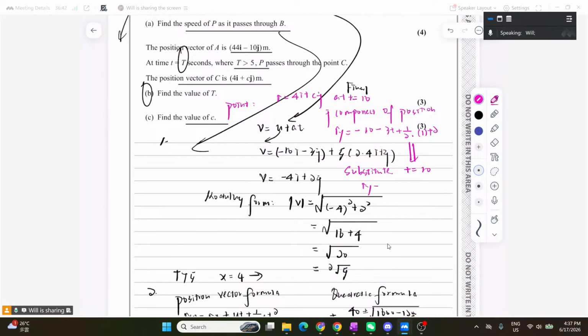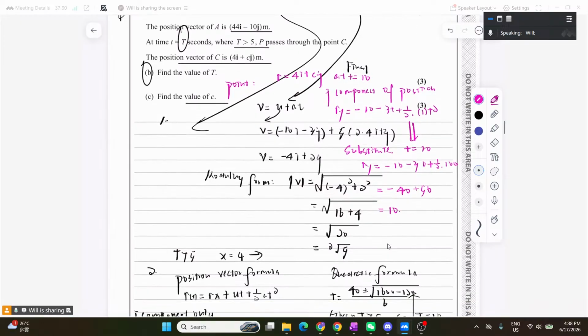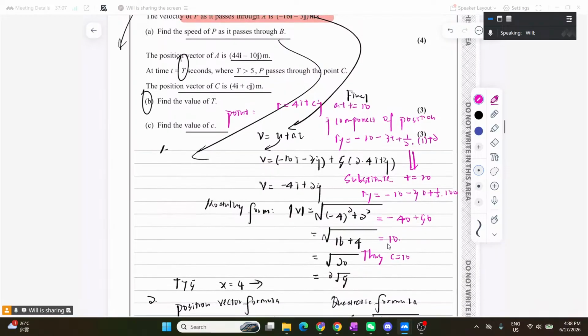So Ry equals -10 minus 30 plus 1/2 times 100, which equals -40 plus 50, and it's 10. So thus we get C equal to 10. Understand? Okay.